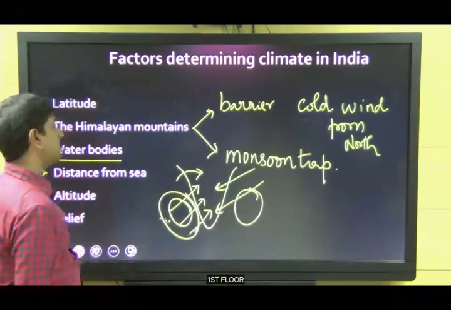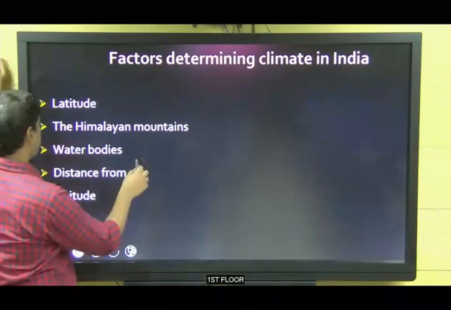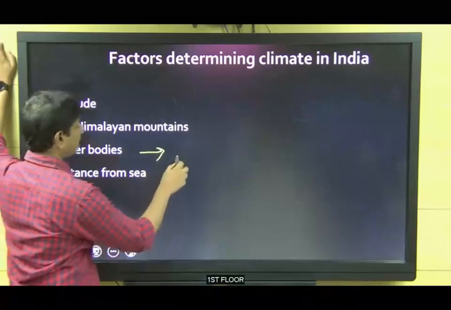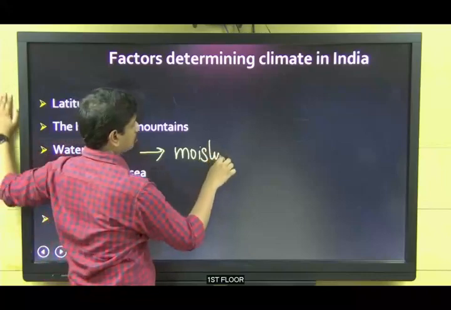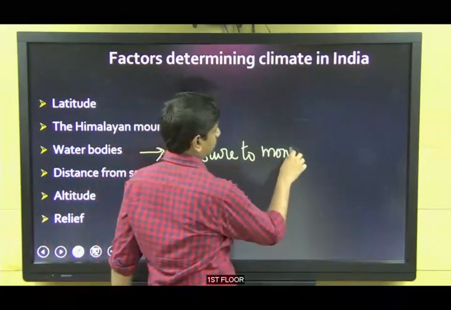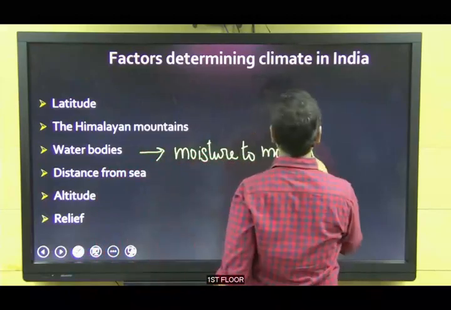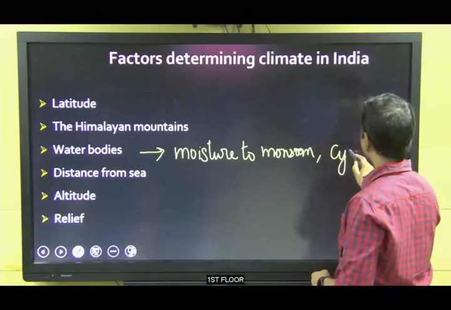And another aspect is cyclones. Okay, water bodies, what do they do? Moisture to monsoon winds, and then another one is cyclones.